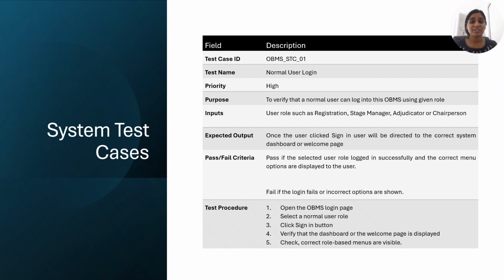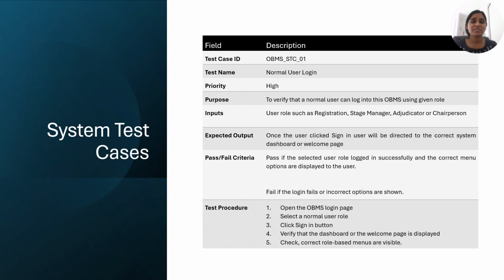One of my main contributions to this project was preparing the system test cases for this online backstage management system. System testing focuses on validating the complete behavior of the system from the user perspective by testing end-to-end workflow and overall system functionality. This slide shows one example of a system test case developed for normal user login functionality.